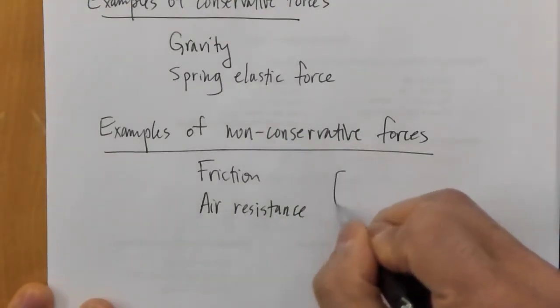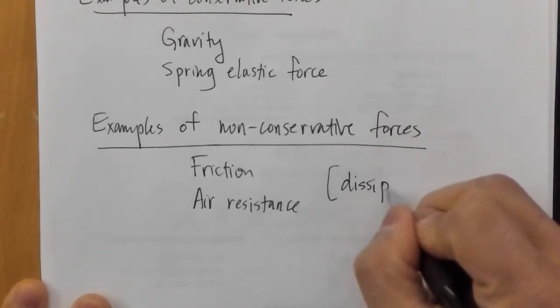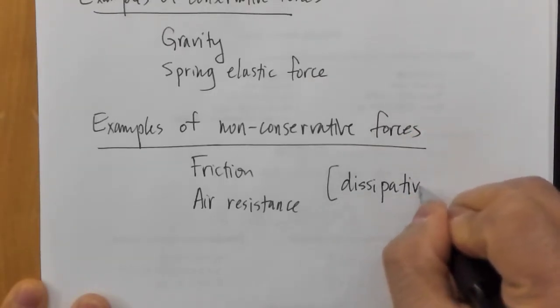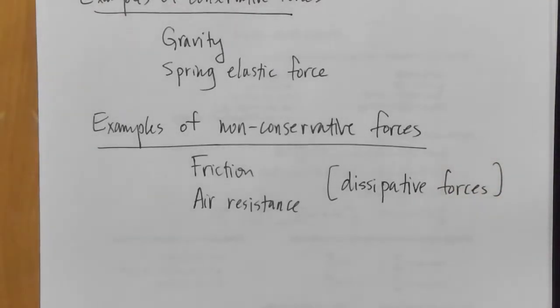These are called dissipative forces. They are opposing motion. They suck out some of the kinetic energy or some of the energy of the system, and they distribute it into things that are hard to recover, like heat or something else.